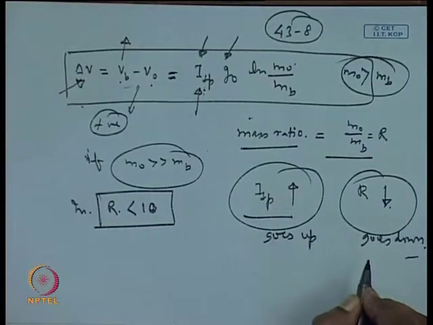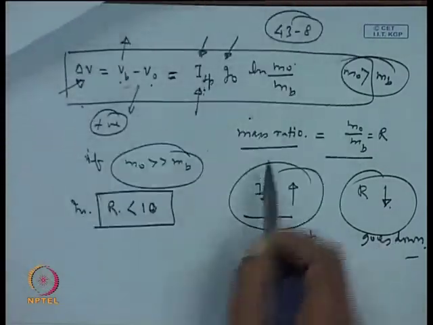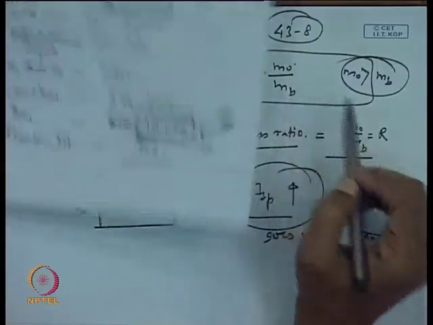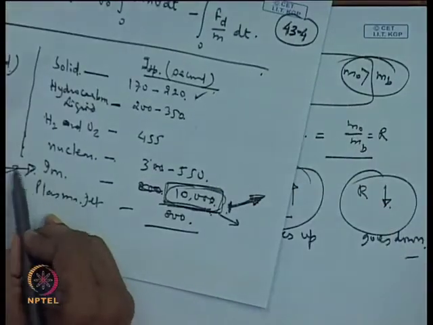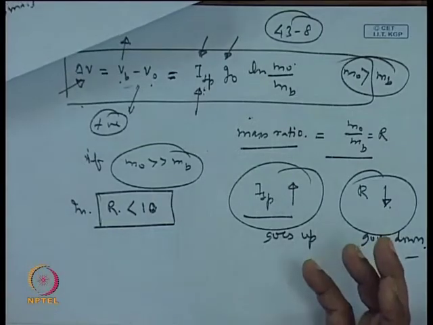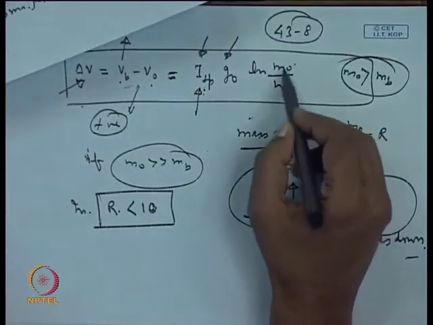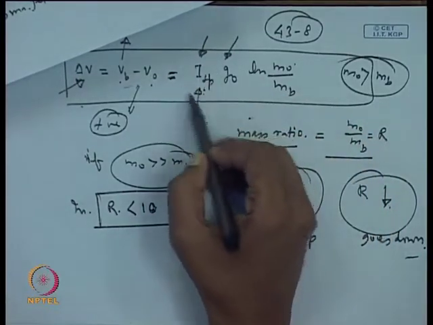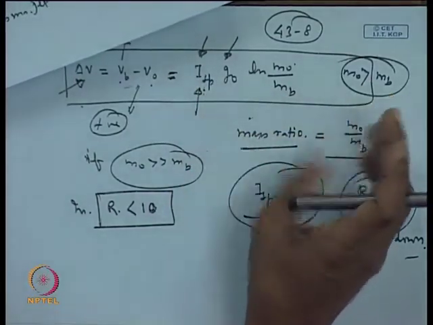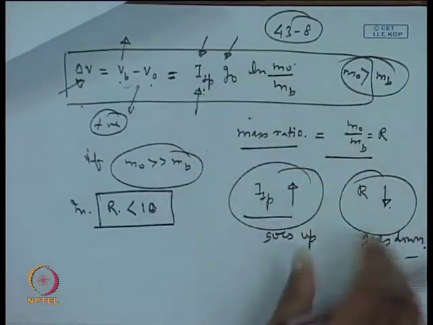The reason is very simple: the difference between m 0 and m b is small in the case of the ion rockets. Only a small mass ejection takes place. So, therefore, this value goes down while this value is going up. So, in some way or other both are not satisfied simultaneously.